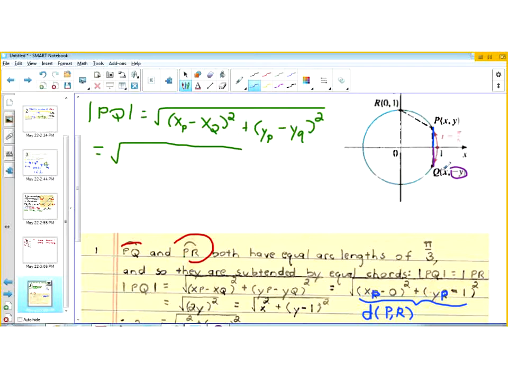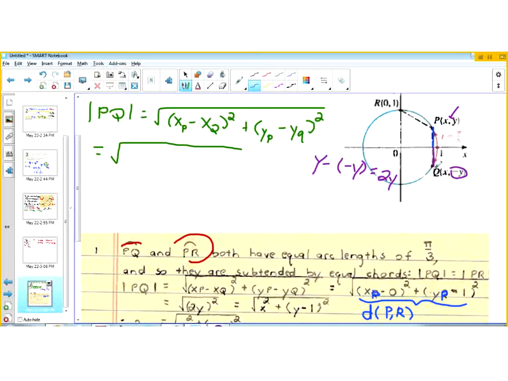So YP minus YQ would be Y minus negative Y, which is equal to 2Y. And now remember, Y is the ordinate of P. Y is the ordinate of the terminal point of T equals pi/6.